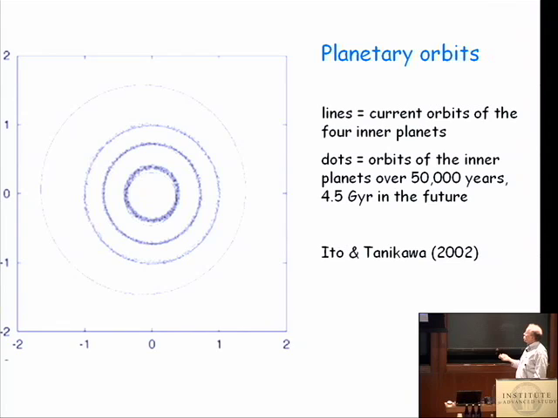The dots are, this is Mercury, Venus, Earth, and Mars is only just visible because the reproduction isn't very good. The dots are the same planetary orbits over a 50,000 year period, 4.5 billion years in the future. The fact that they're still there tells you basically that the solar system is stable.